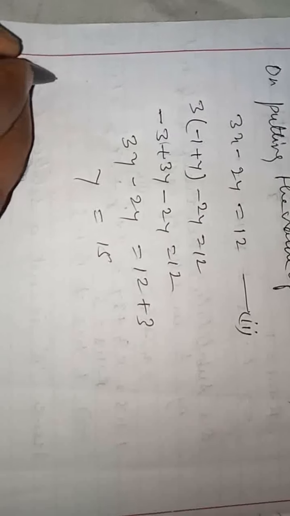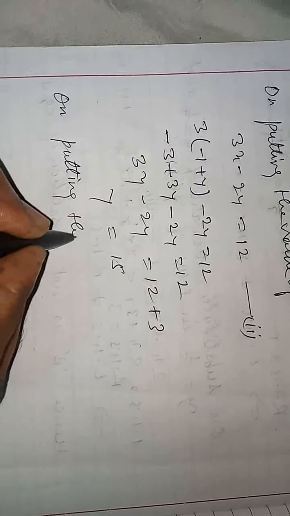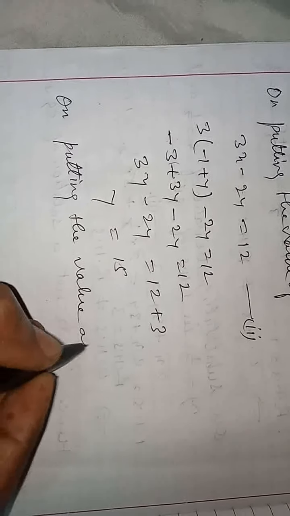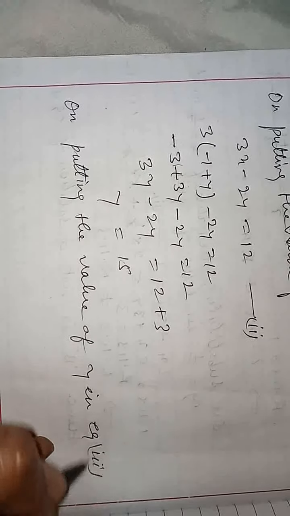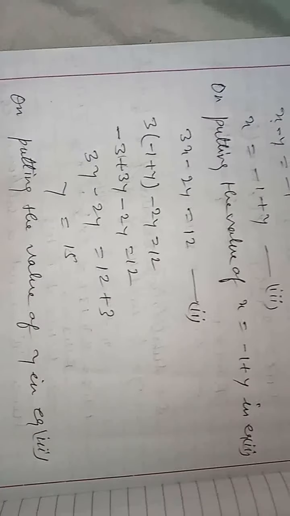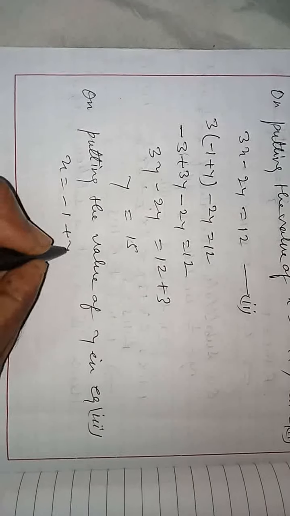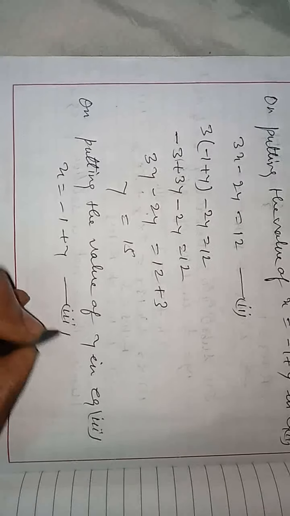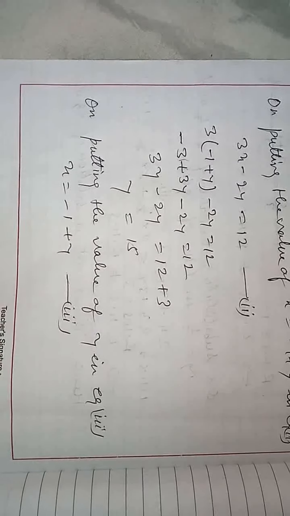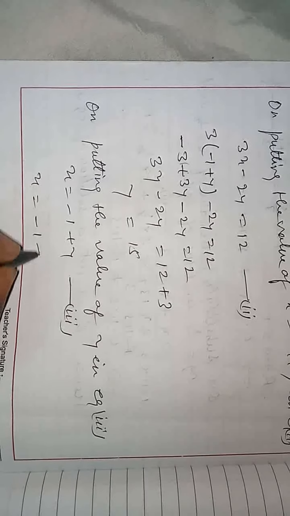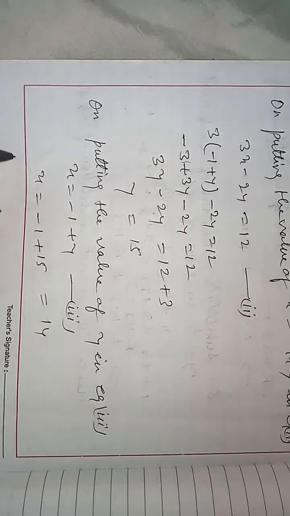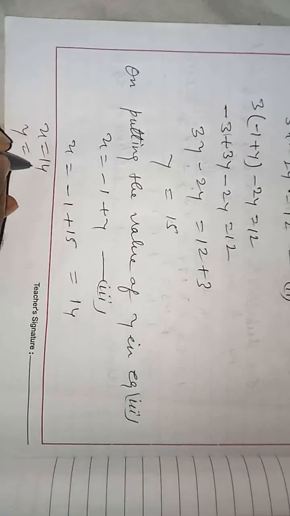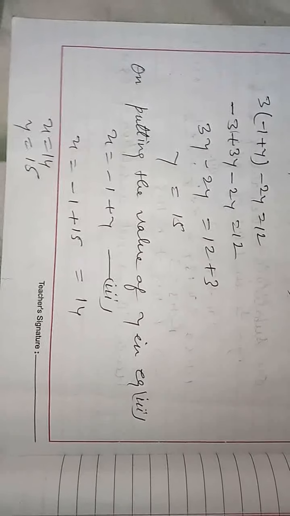Now putting the value of y in equation third. Equation third is x equal to minus 1 plus y. So at the place of y we put 15. So x equal to minus 1 plus 15 is equal to 14. So x equal to 14 and y equal to 15. This is the solution of the given equations.